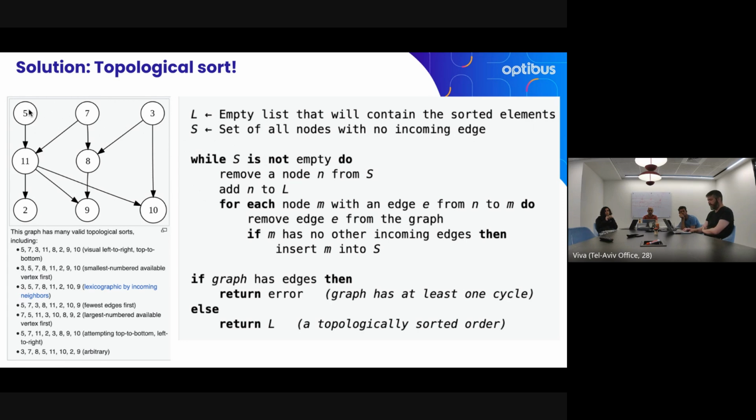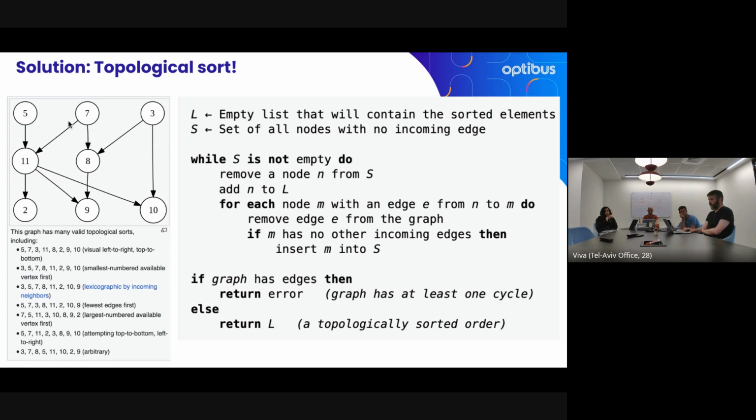Let's remove 5. Now we go for each edge E from N to M. We go over all the arrows that start from this node. We have only this arrow, so we delete this arrow, and now we check if this new node has no other incoming edges. It's not our case because we have this edge. So we finish, and now we go to the next item.